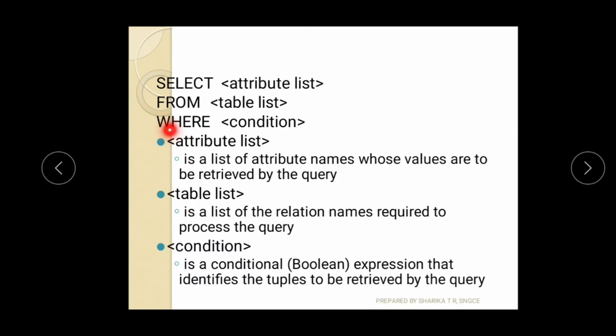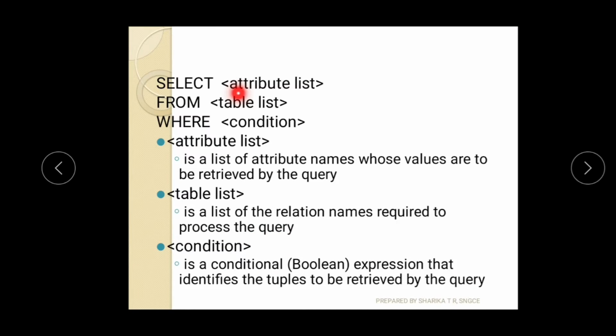So in the where clause we give the condition, specifying which rows we are going to select. The attribute list is a list of attribute names whose values are to be retrieved by the query. From which attributes you would like to take the information must be represented in the attribute list. The table list is a list of the relation names or table names required to process the query.